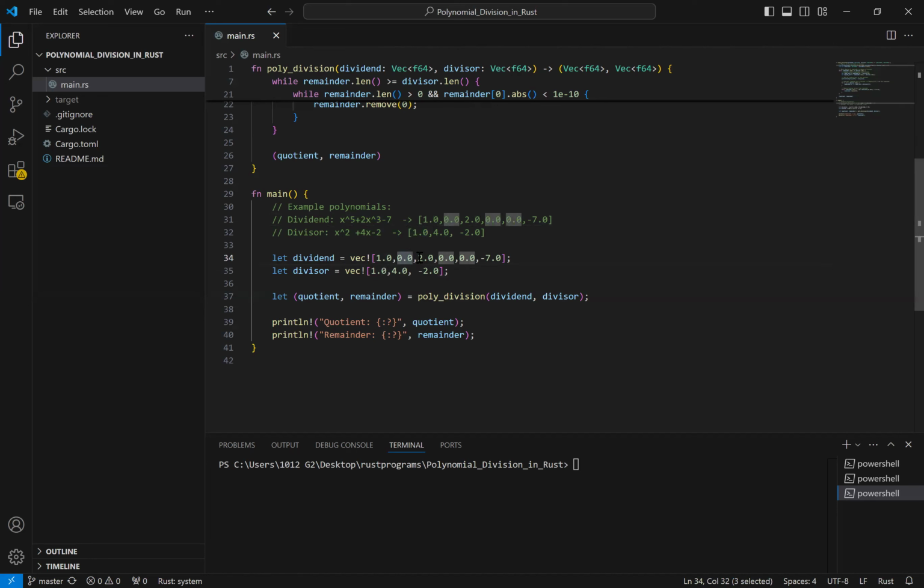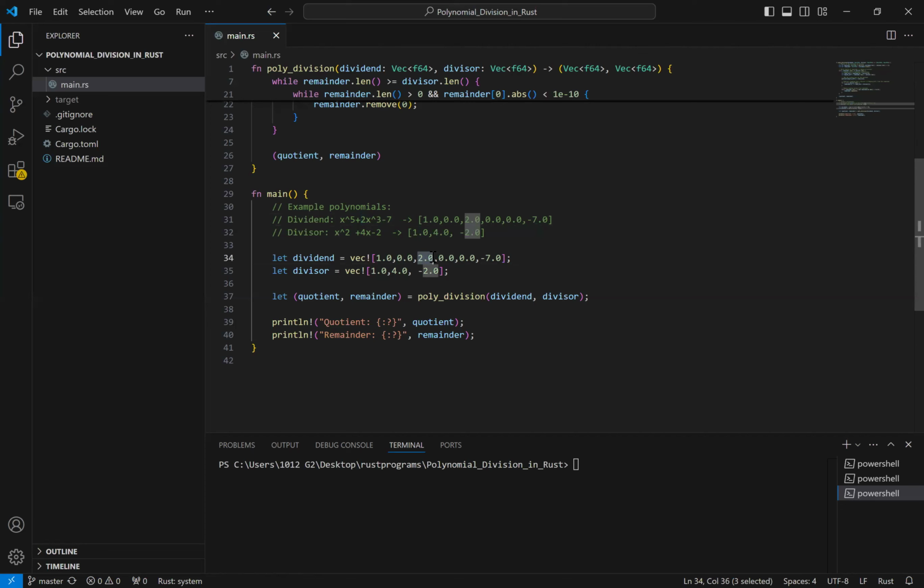Because it's going up to the constant, you begin by going down. So this is x raised to 5, the coefficient is 1. The fourth term, when x is raised to 4, the coefficient is 0. The third term, when x is raised to 3, you can see it's there.